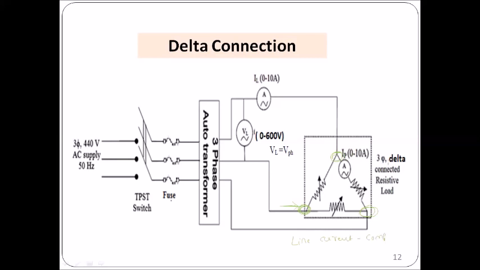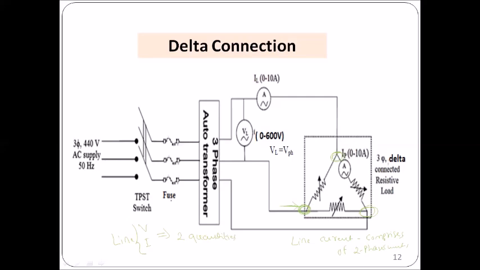and the line current comprises two phase currents. The only thing we have to remember is that whenever we say line, either voltage or current, it involves two quantities. That's what you have to always remember.